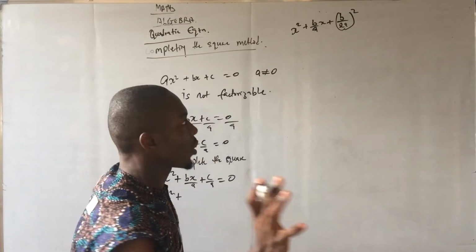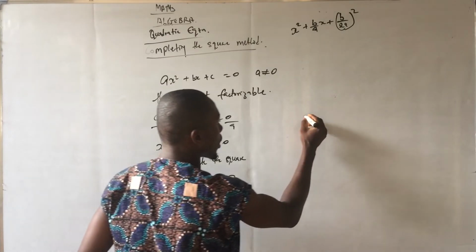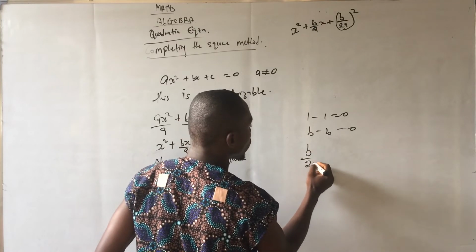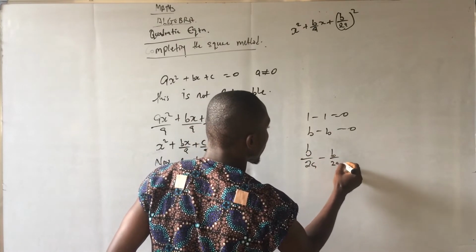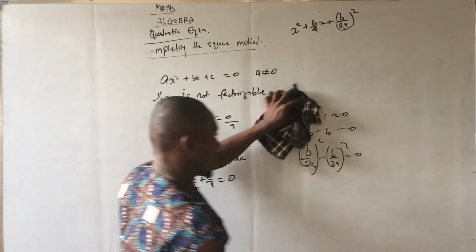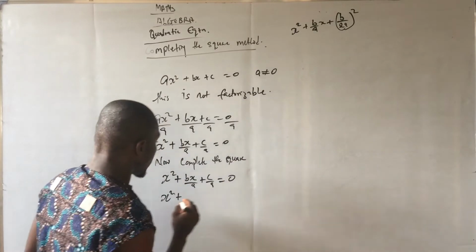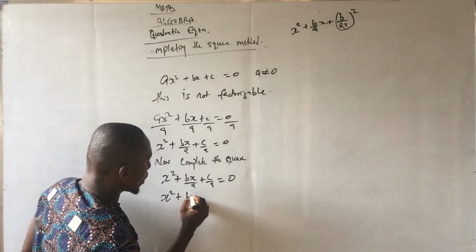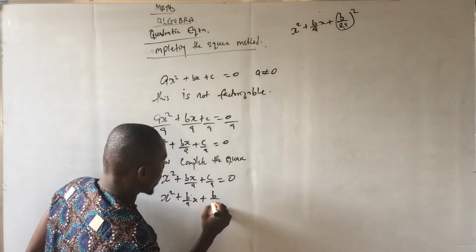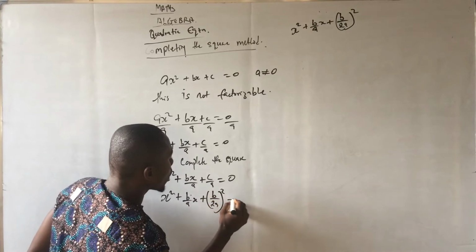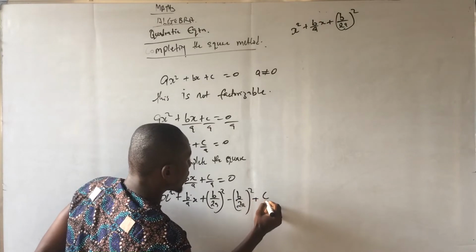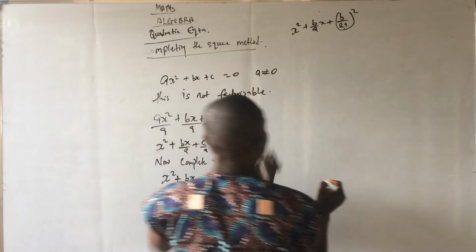And what 0 am I going to add? Remember that 1 minus 1 is equal to 0, b minus b is equal to 0, and b over 2a minus b over 2a is equal to 0. So this is the 0 I will be adding. So now I'll say plus b over 2a raised to the power 2 minus b over 2a raised to the power 2 plus c over a equal to 0.